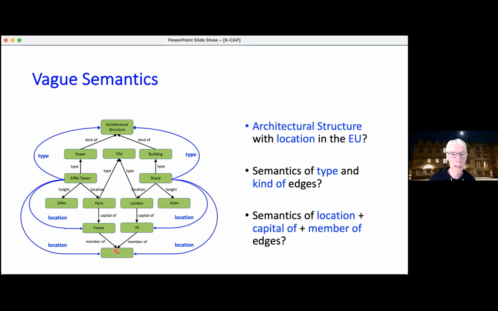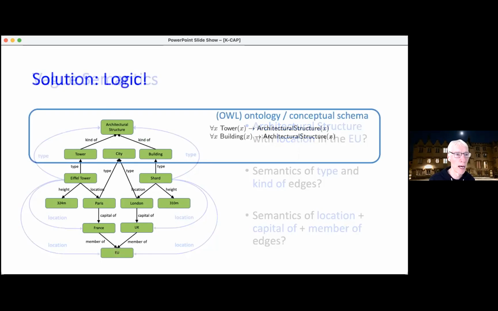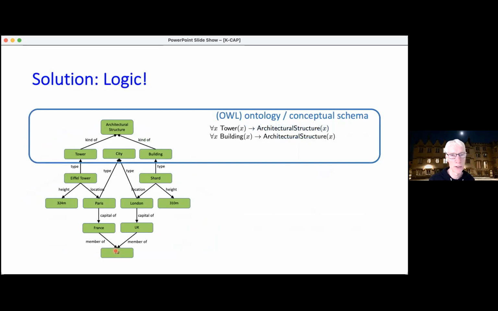Well, luckily, we're not the first ones to consider this problem. Philosophers, logicians, and mathematicians have been thinking about this for a long time and came up with logic as a solution to the problem. In fact, logic was really invented for this precise purpose, for precisely explicating what we mean when we try to write down representations of knowledge.